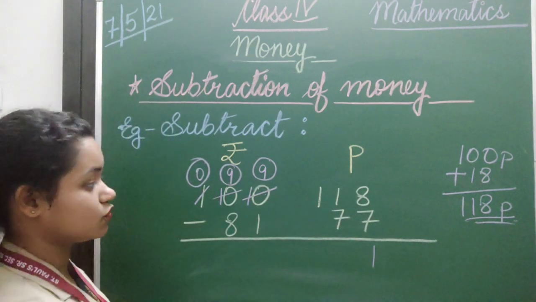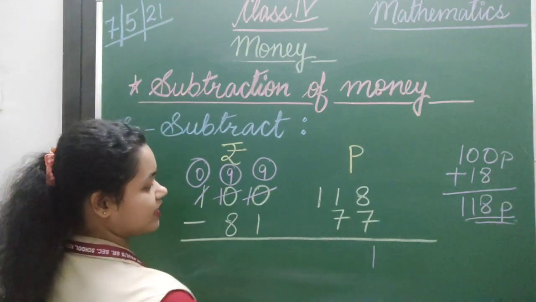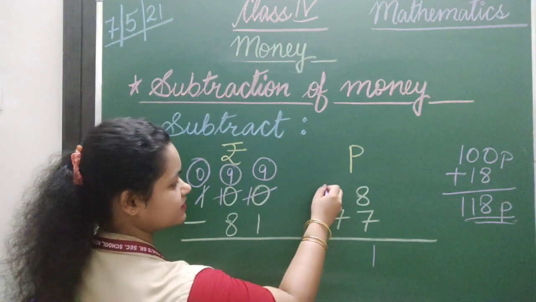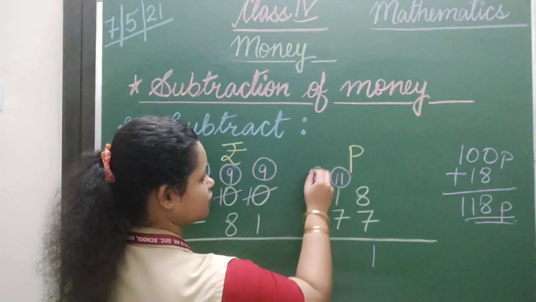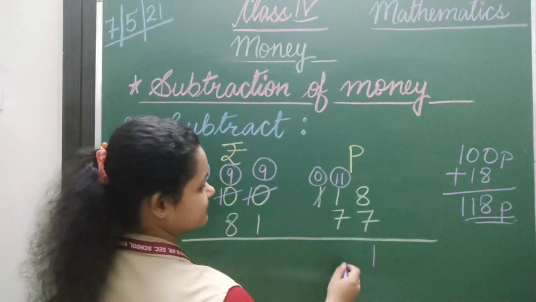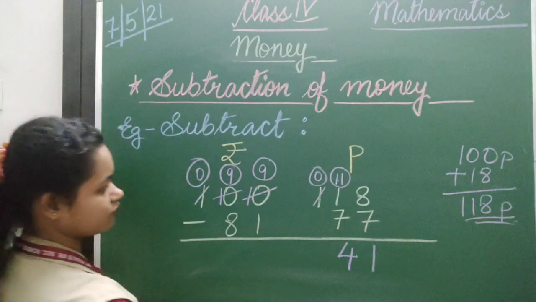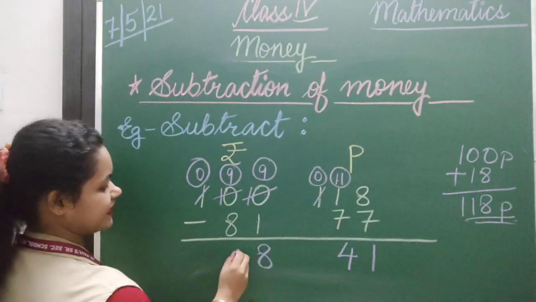Okay. So, 8 minus 7 will give you 1. 11, here 1 minus 7 is not possible, take from here. Now this will become 11 and here 0 will be left. So 11 minus 7 is 4. This is 1, 4. 9 minus 1 is 8. 9 minus 8 is 1.